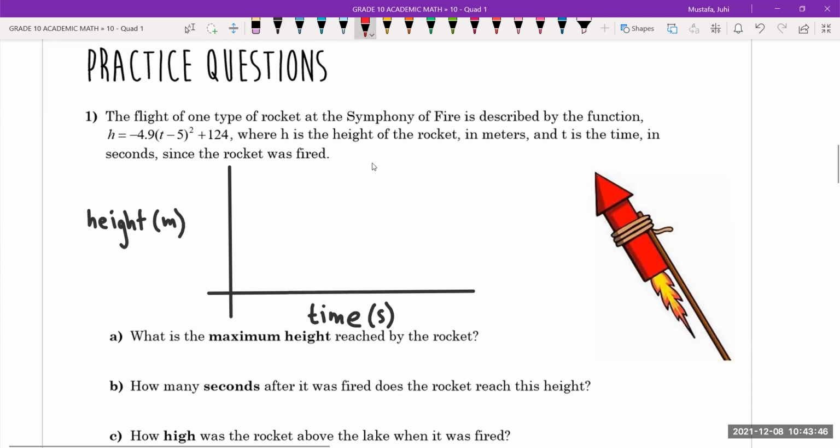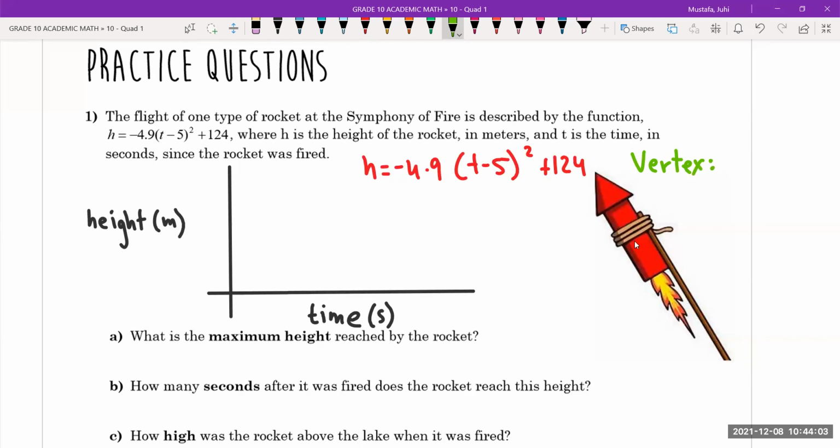So I'm going to rewrite it over here. It's h is equal to negative 4.9 t minus 5 squared plus 124. The very first thing everyone should be able to notice is the vertex. What is the vertex in this equation? Angelique?